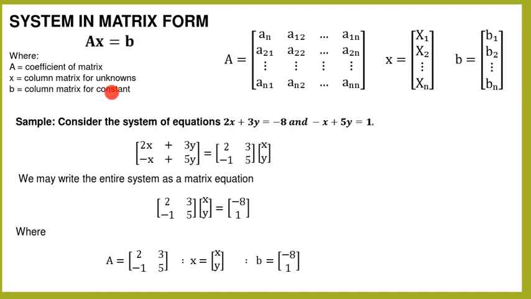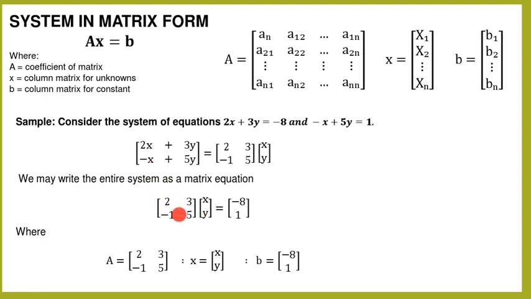So it is often convenient to represent a system of linear equation as a matrix equation or even as a single matrix. So let's take a look at here our sample. Our system of linear equation is given as 2x plus 3y is equal to negative 8 and negative x plus 5y is equal to 1. So if we convert this into a matrix, we will be getting this form.